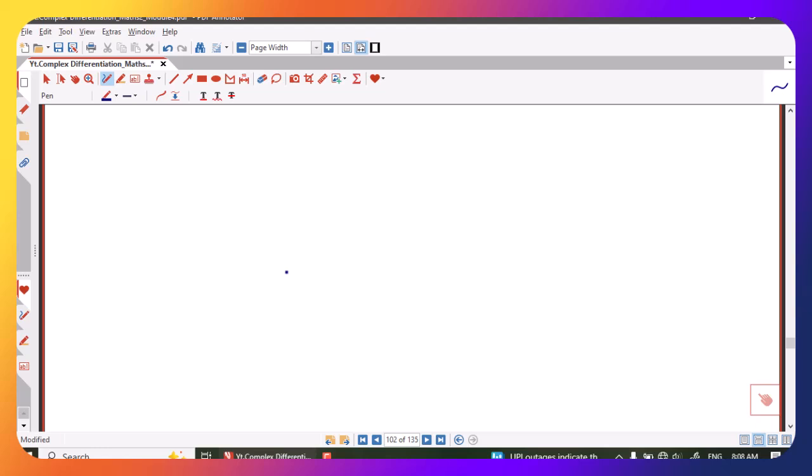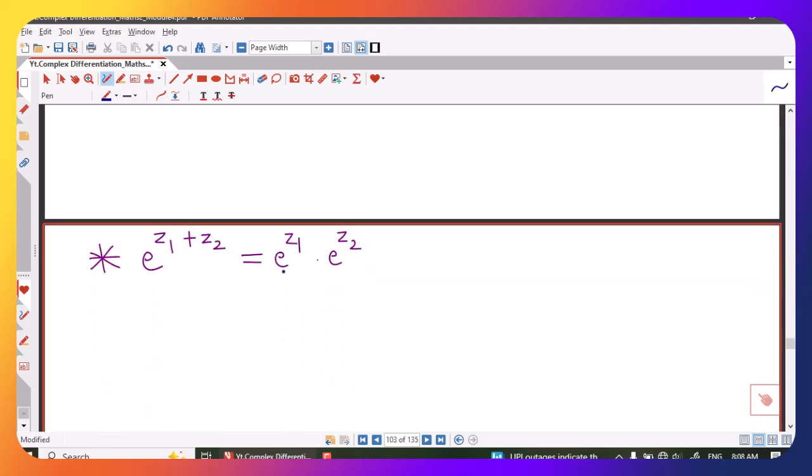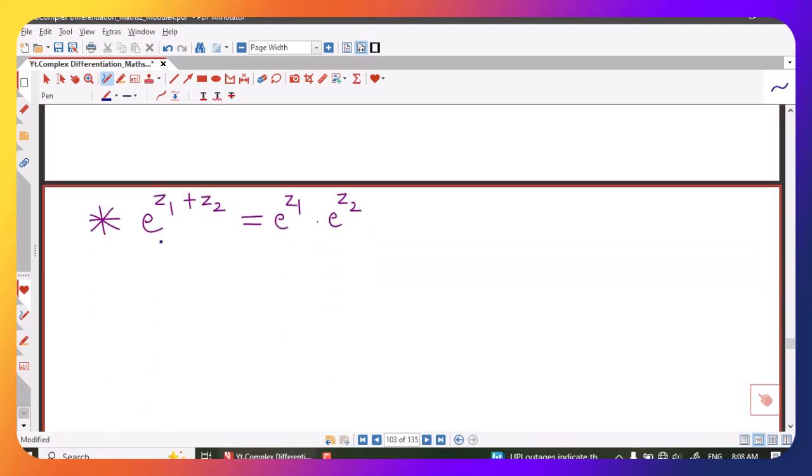Today we are going to prove another property of complex exponential function, which is similar to the property of real exponential function. We know that if we have a real exponential function e raised to x, then e raised to x1 plus x2 is equal to e raised to x1 times e raised to x2.